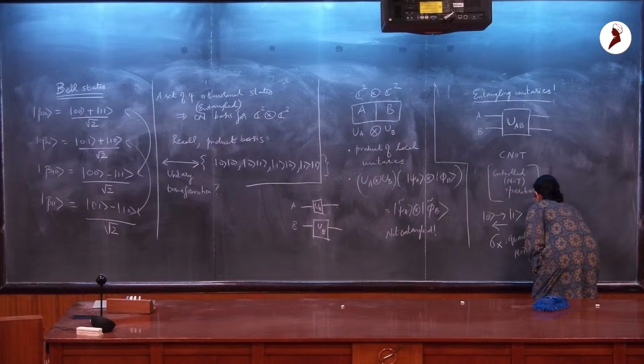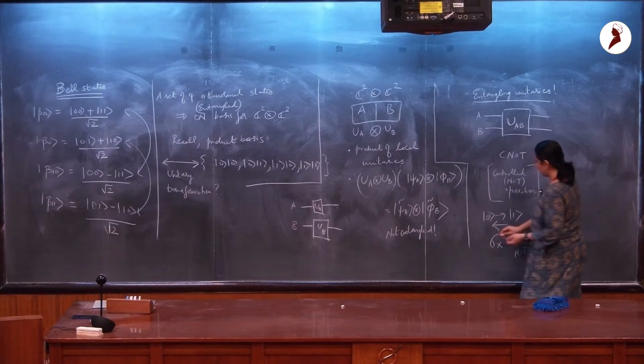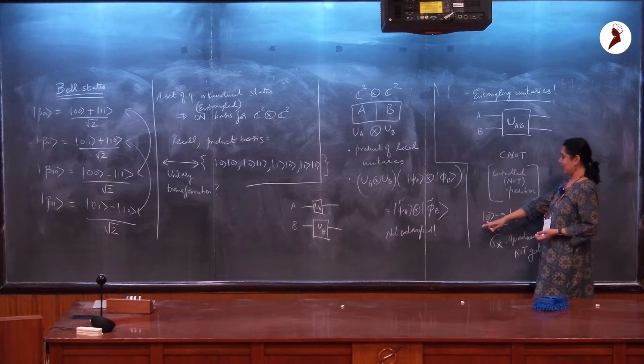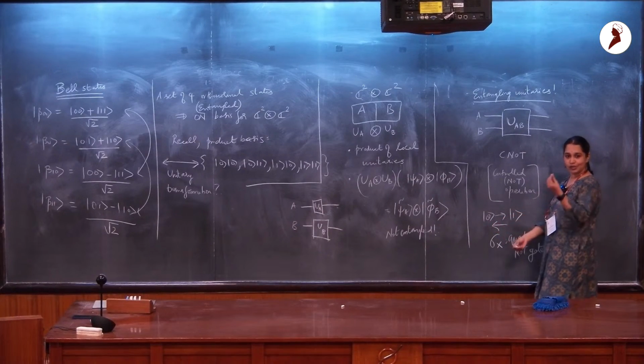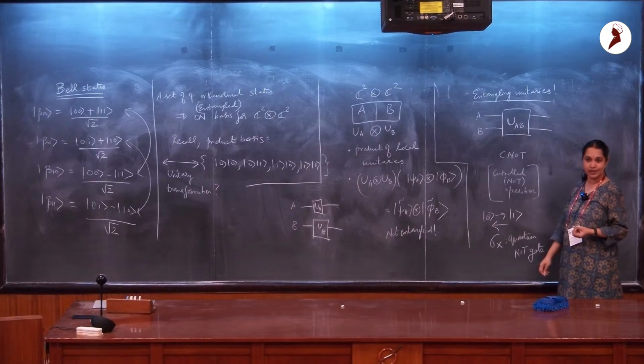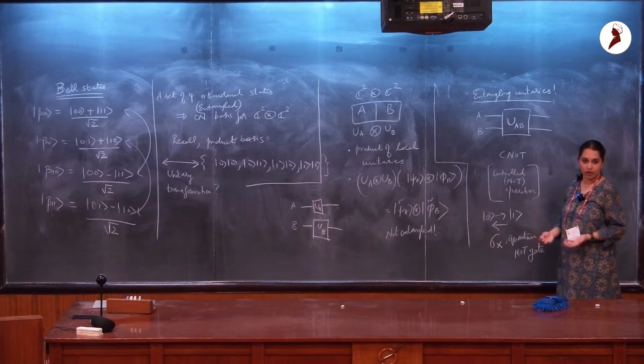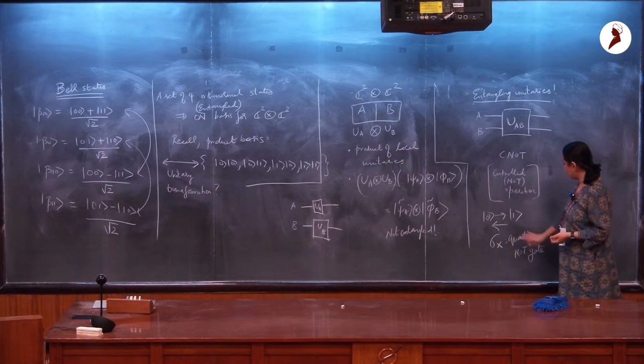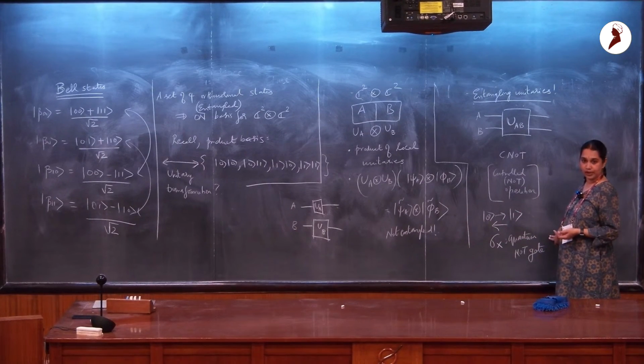Maybe I use the word gate, okay? With the understanding that my ket 0 is like a logical 0 state and a ket 1 is a logical 1 state. In a computational sense, this is like doing what we think of as a NOT gate, right? So the sigma X essentially functions as a quantum NOT gate.